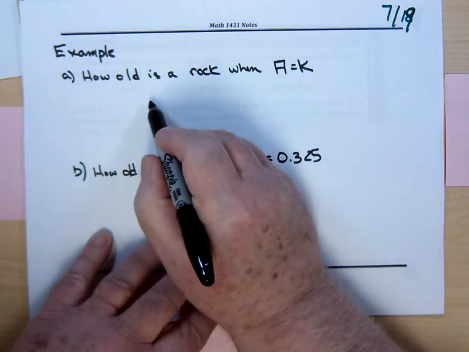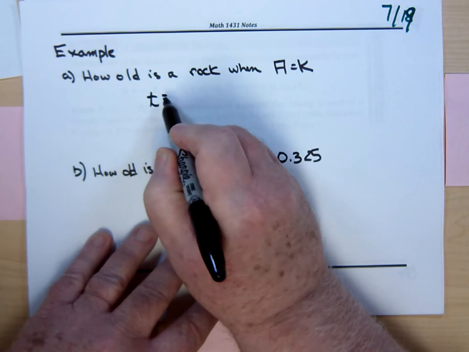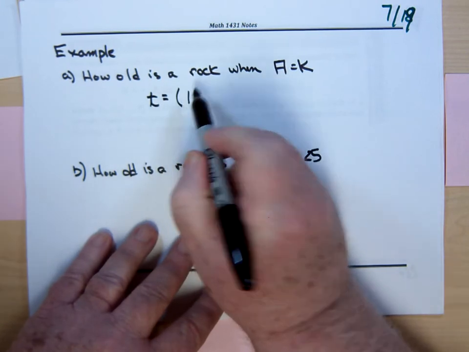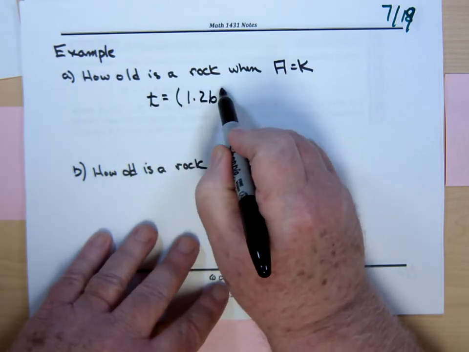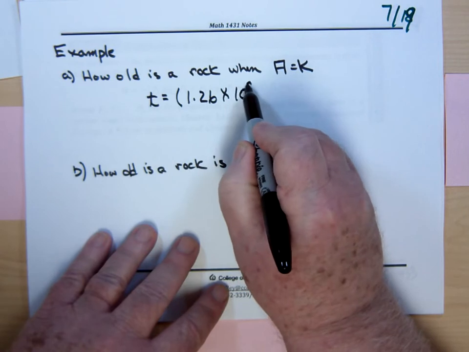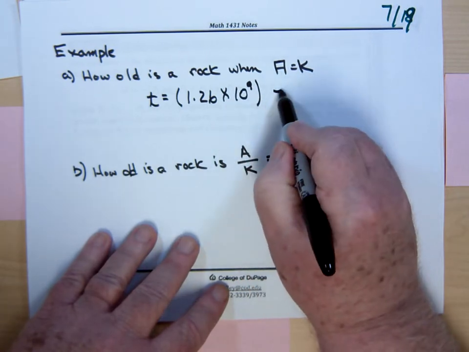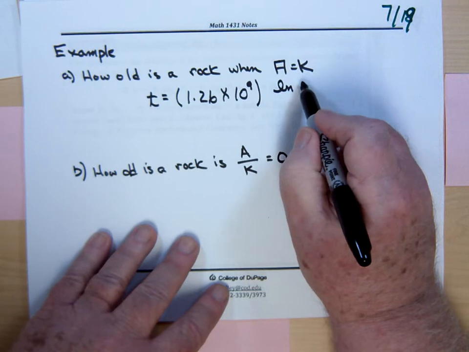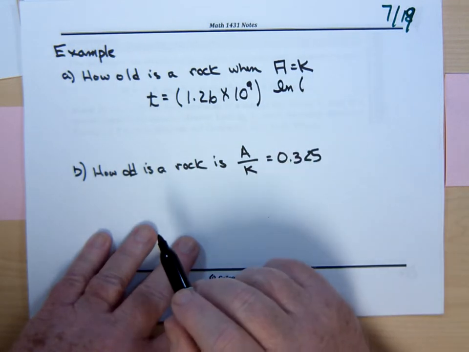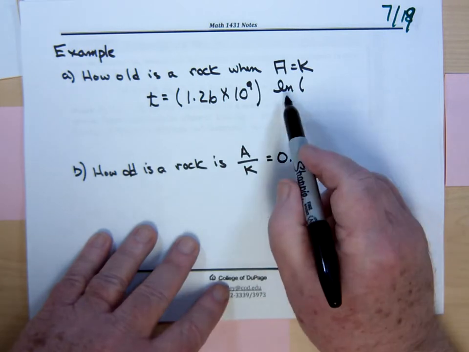So what we're going to come up with is that T is equal to, I'm just using the equation that we just spoke of, 1.26 times 10 to the 9, and then the quotient. But now you want to be careful because this is the natural logarithm.